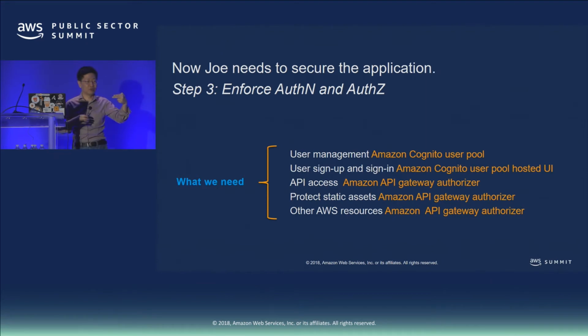Because Lambda runs some code, you can ask Lambda to talk to your user directory if you host them in your data center. Or you want to do different logic based upon the user groups, for example. Once the user is authenticated, then the authorizer can generate some policy for this user. And based upon the policy, the user can access different AWS resources.